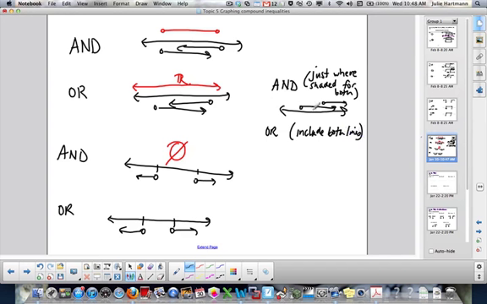Okay, so if it's this one right here, and it is and, that's just going to be from here up. Where if it's or, the same one in or, it's from the bottom one up because it is both of them together. Okay, so just kind of your 6 different situations there that you could run into.